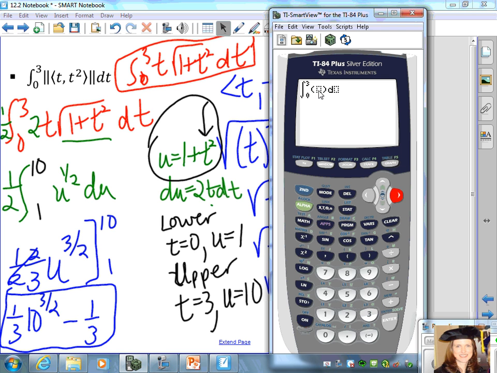Move your arrow to get to the space provided for t, and then the square root of 1 plus t squared, and then move your arrow to get to the end differential t. When you do that, you get the approximation to the definite integral of 10.207.